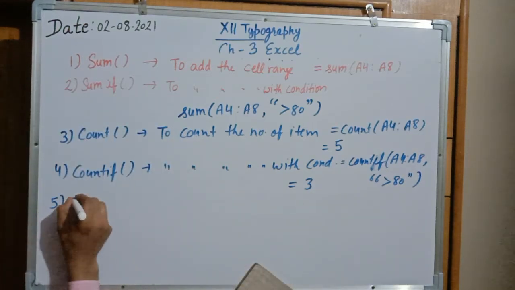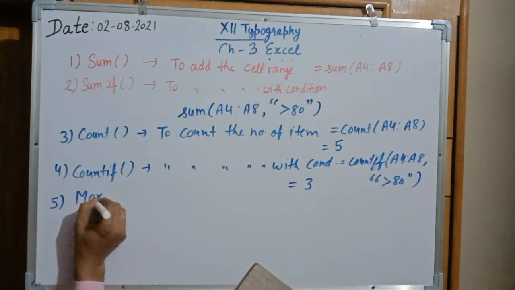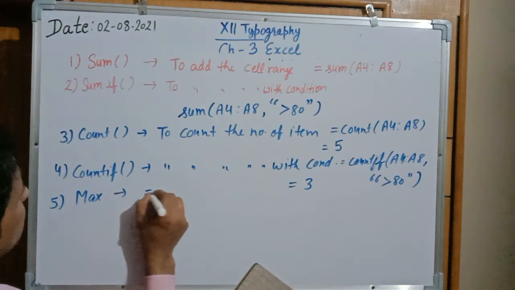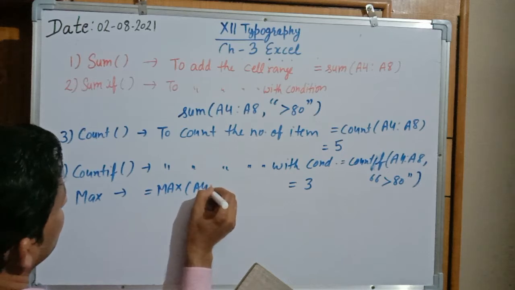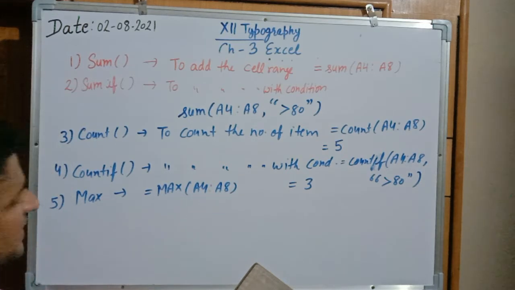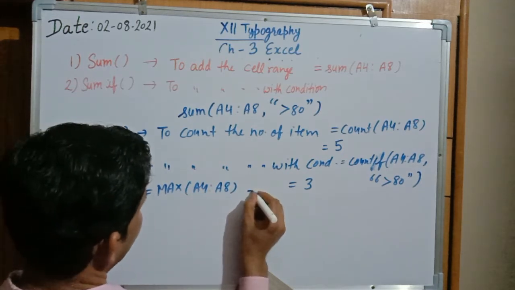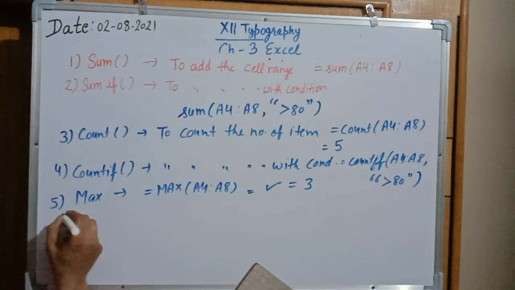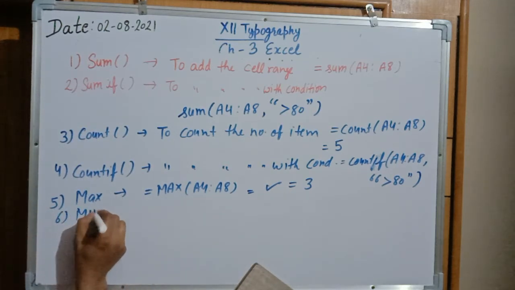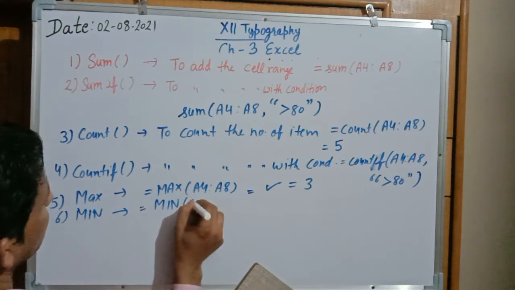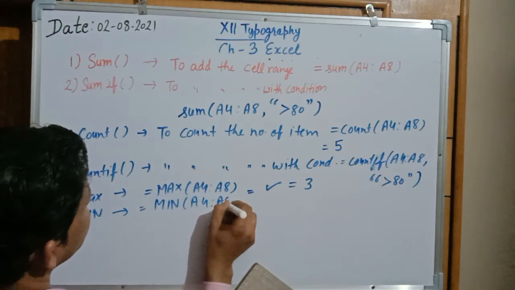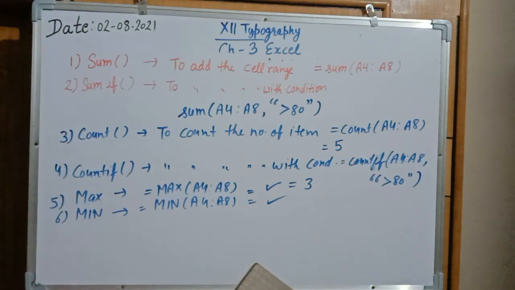Next is the max function, that we can write as equal to max A4 colon A8. It will find the maximum value out of all these and give the result. Next is the min function, which is the same, it will find the minimum value, that is the least value in these cells, and give the result.